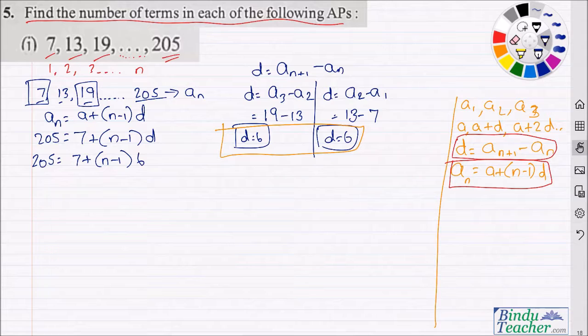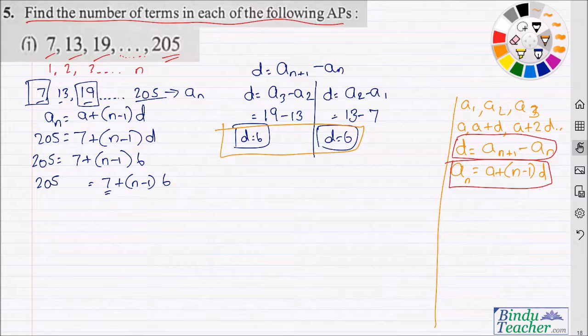Okay, now let's simplify this equation. Alright, so we'll keep n on one side and move everything to the other side. Now how can we do that? We'll write 205 equals 7 plus n minus 1 into 6. I want to get rid of this 7, right?